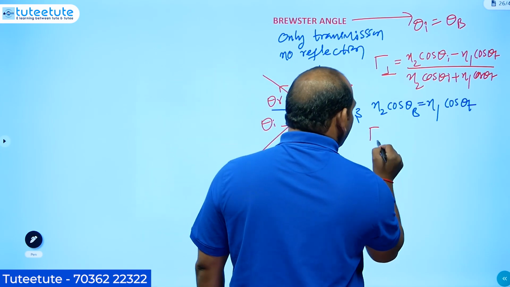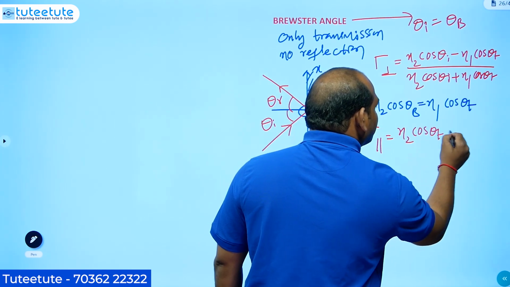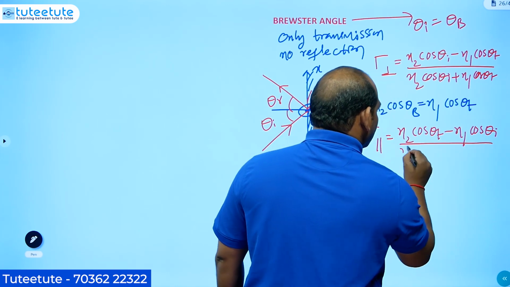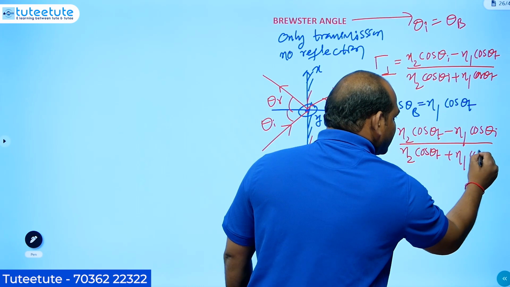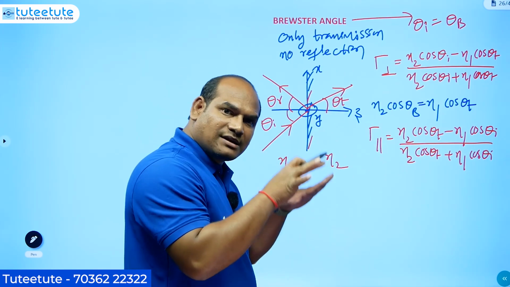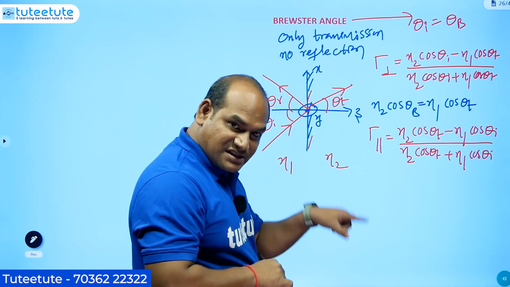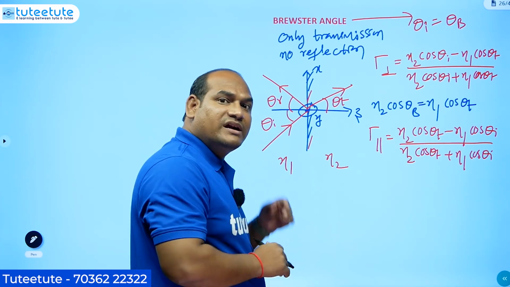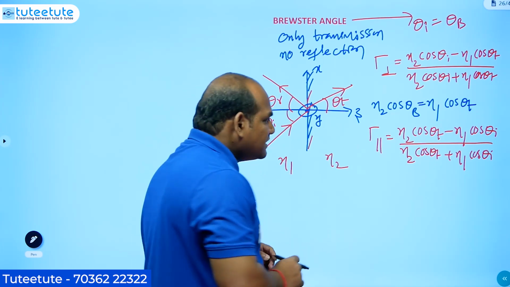Similarly, gamma parallel is equal to eta 2 cos theta t minus eta 1 cos theta I by eta 2 cos theta t plus eta 1 cos theta I. Here also, in the parallel polarization, for one angle of incidence, that is a Brewster angle, if you incident the wave with the value of the Brewster angle, then these reflections will not be there.